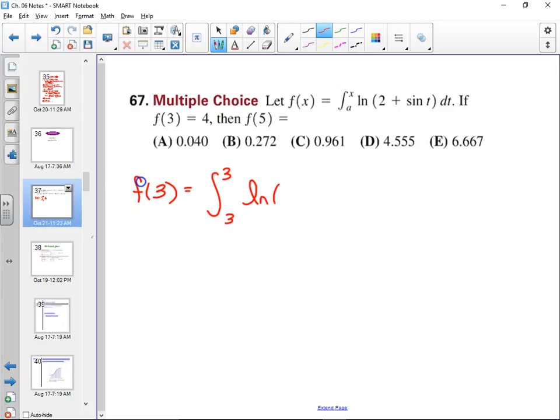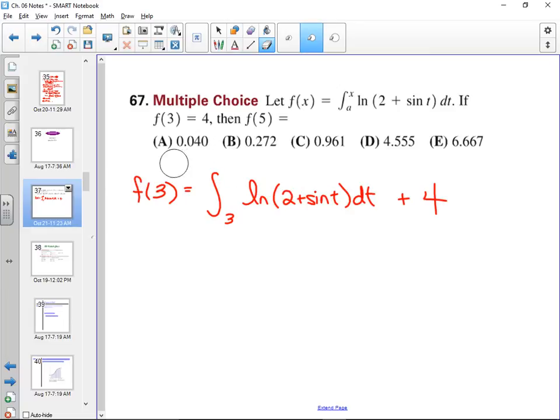Then the integral of ln of 2 plus sine of t dt is going to be 0, and I need it to be instead 4. Then I can generalize this for any x, not just 3, now that I've set it up. And why is that cool? I don't need to be able to antiderive to find another clue, which is pretty spiffy.